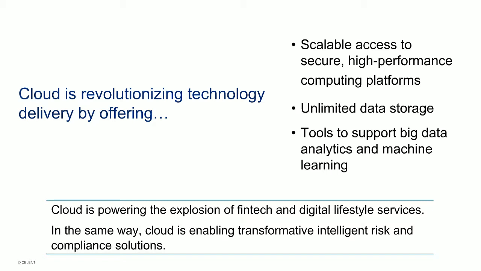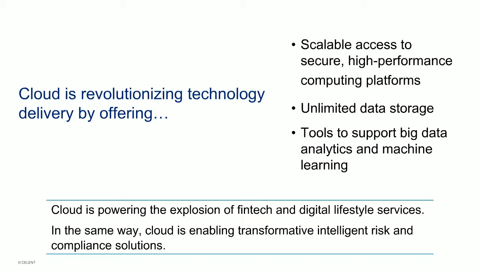That all sounds great, but how is the average bank going to get their hands on this technology? And one of the most promising ways, again, is through cloud delivery, basically software as a service delivery. We see cloud as revolutionizing technology delivery overall. Again, this can be seen in consumer services, digital lifestyle services.